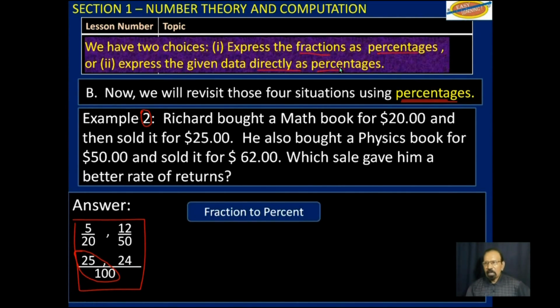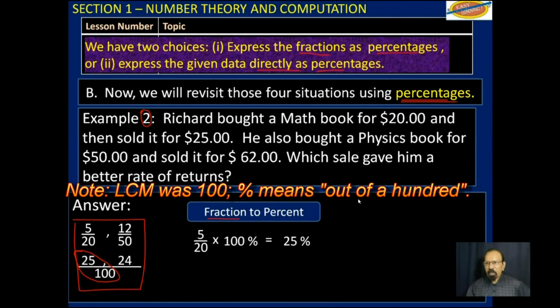So first of all, let's express the fraction as percentages. 5 over 20 multiplied by 100 gives you 25%. And 12 over 50 multiplied by 100 gives you 24%. Which percentage is better? That one, of course.